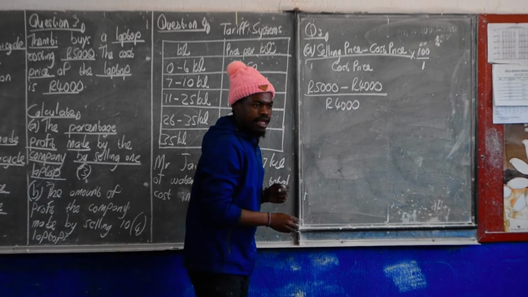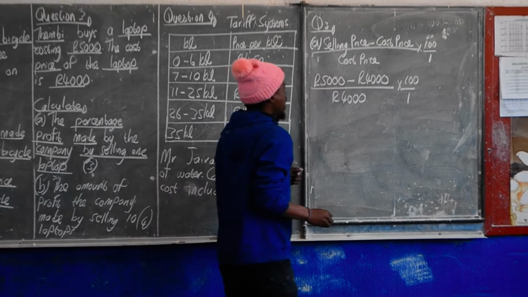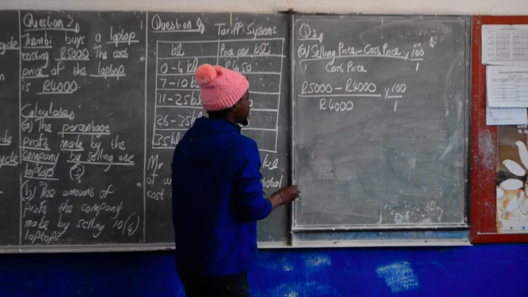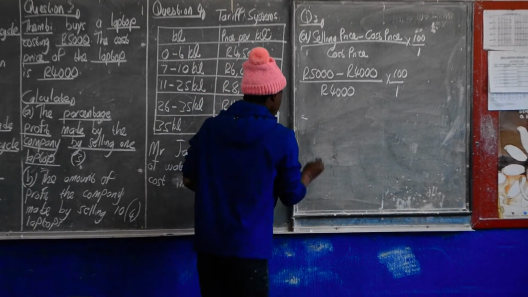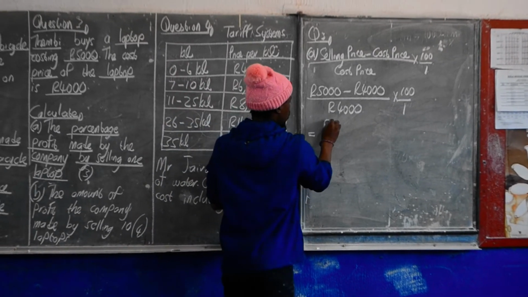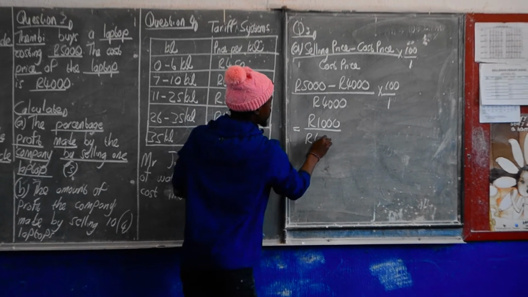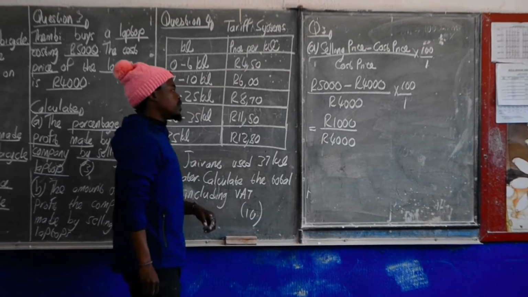Do you see that, guys? Multiply by 100 over 1. So now 5,000 minus 4,000 is equal to 1,000, over 4,000. Are we here?